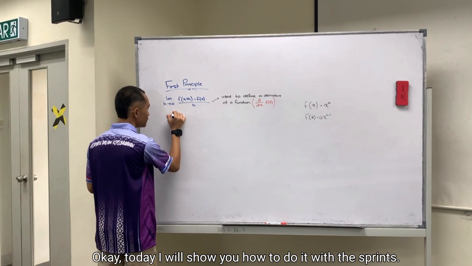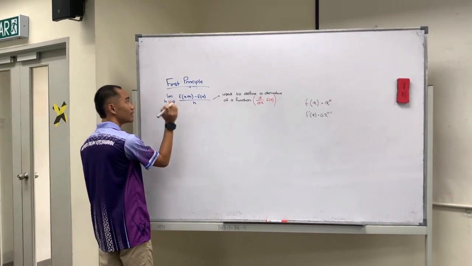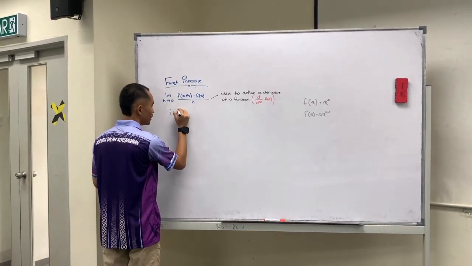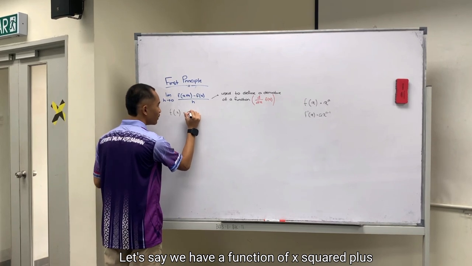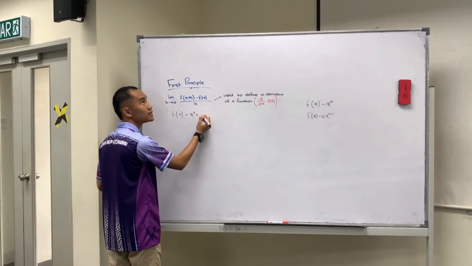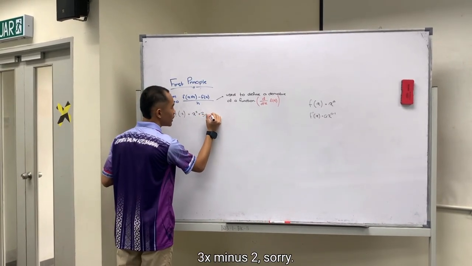Today, I will show you how to do it with first principle. Let's say we have a function of x squared plus 3x minus 2.